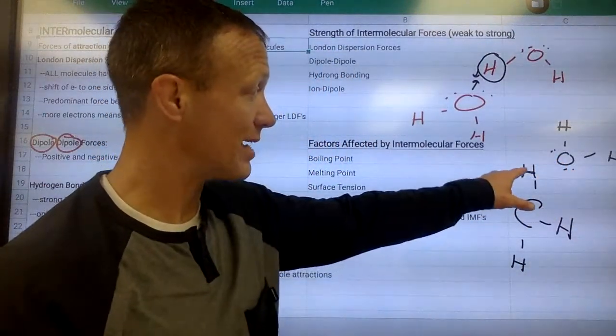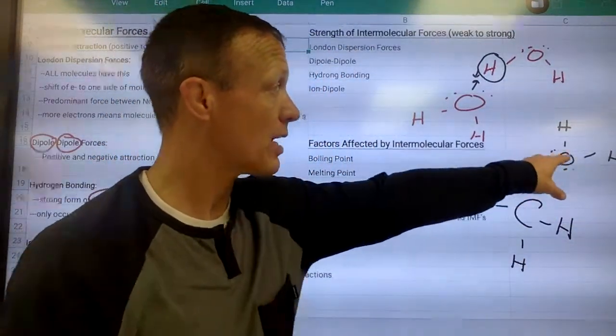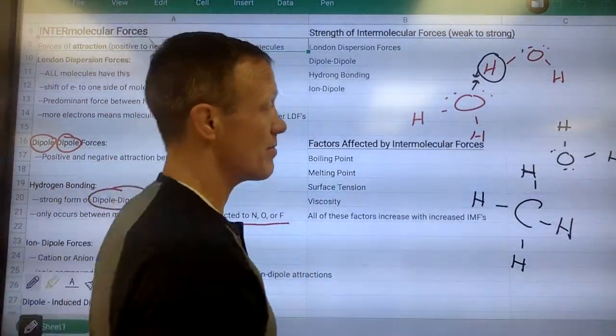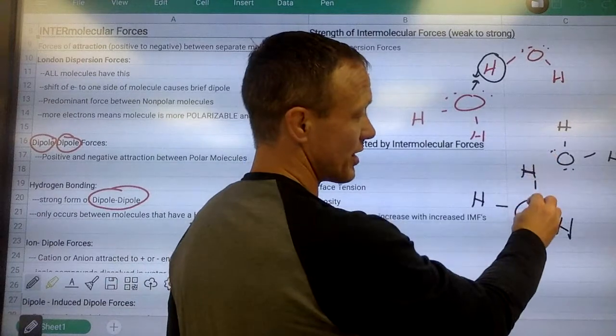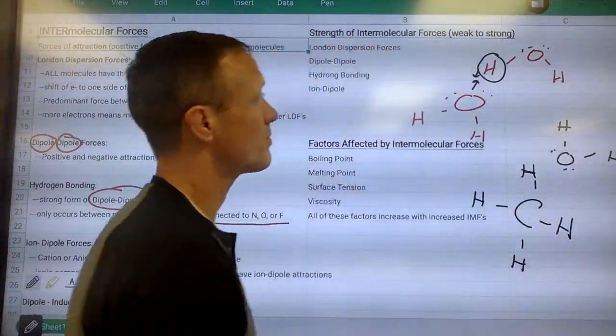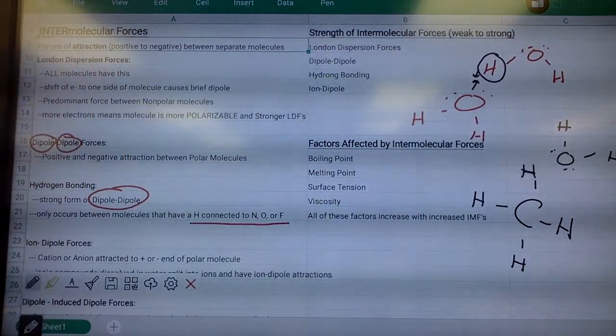The hydrogen involved has to be connected to nitrogen, oxygen, or fluorine and attracted to nitrogen, oxygen, or fluorine. So that makes this hydrogen very positive when it's attracted to nitrogen, oxygen, or fluorine because they're so electronegative. Okay, so that's hydrogen bonding.